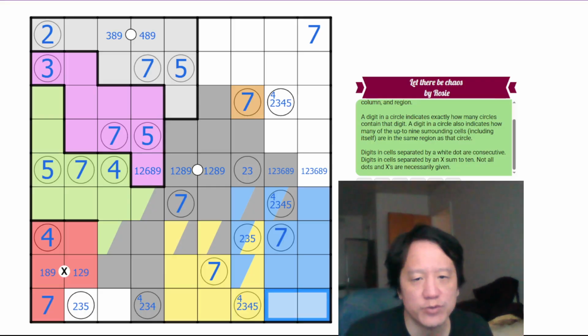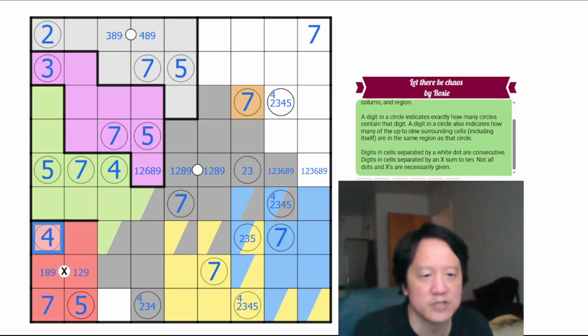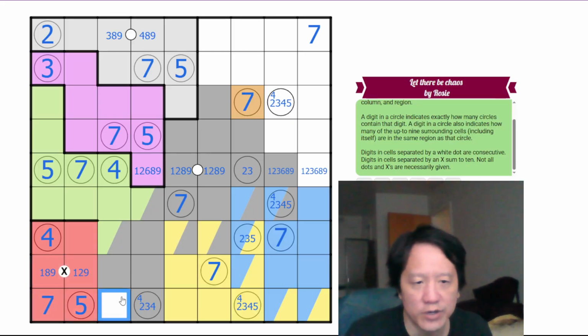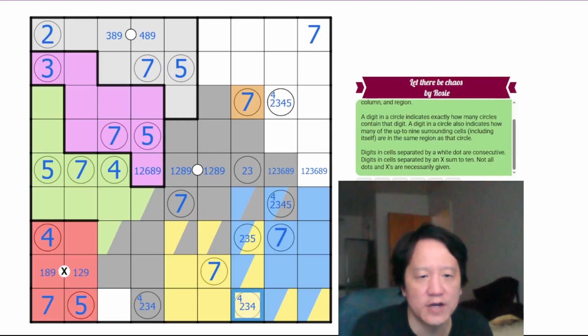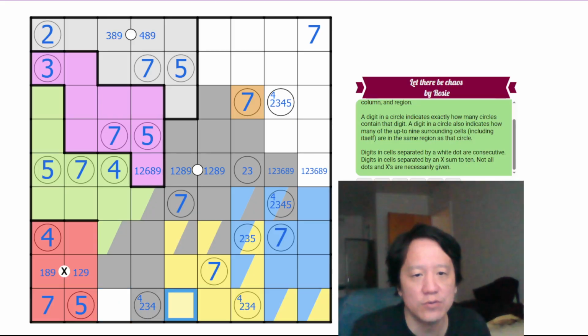So this has to be blue or yellow here, because that's blocked. So none of them can reach this cell, which means this has to be red, which means this must have 5 cells because it can't be 4. And it's surrounding it, it has already 4 here. So this is a 5, which eliminates 5 in the rest of the row.